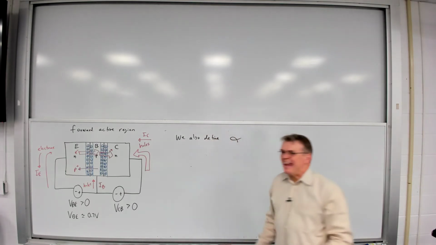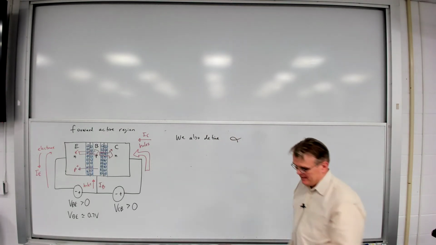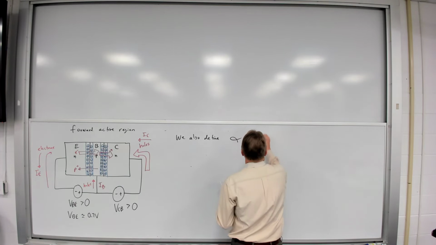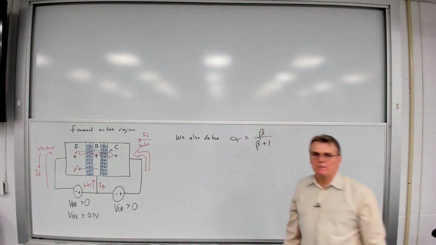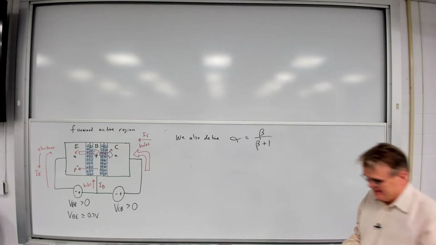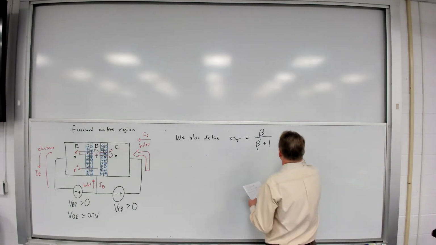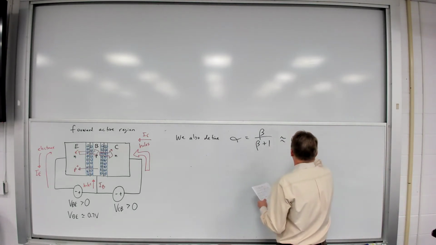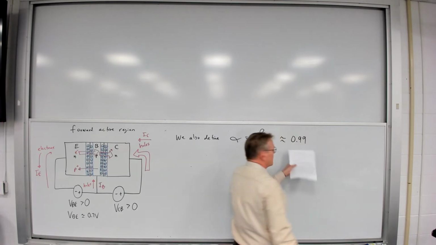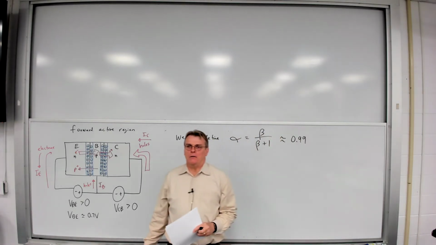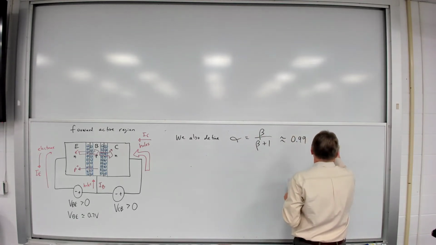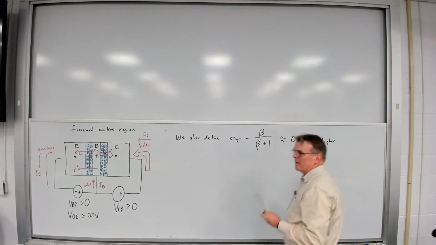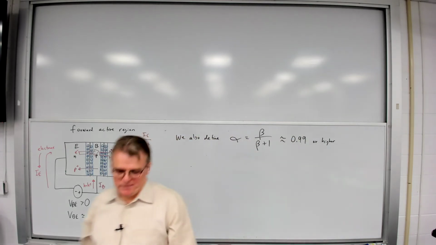We also define alpha, which is nothing more than beta over beta plus 1. And typically this is going to be 0.99 or higher, because beta is going to normally be large.